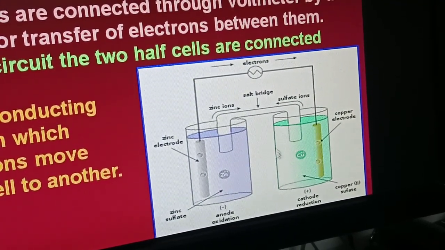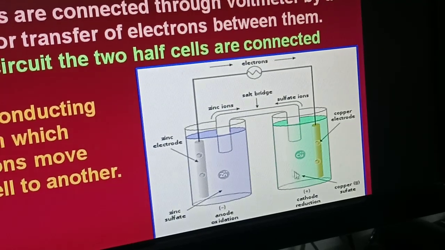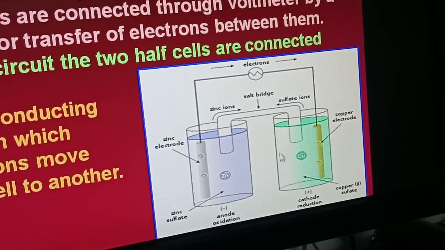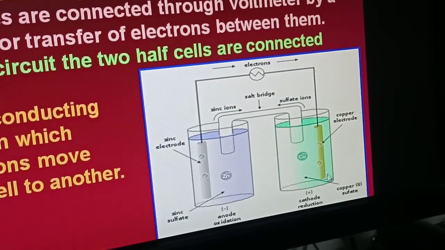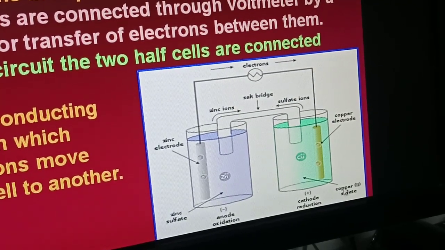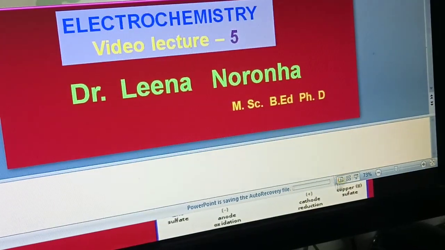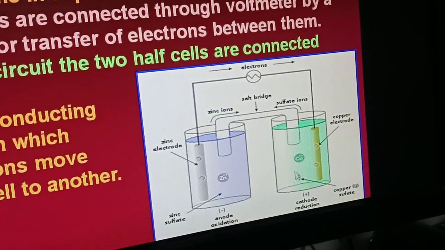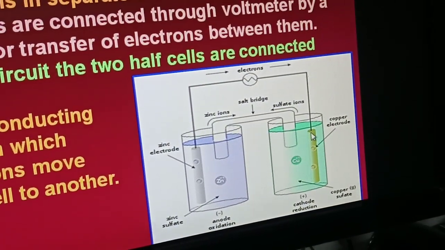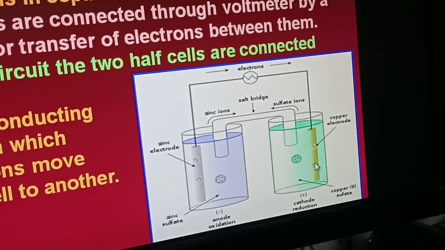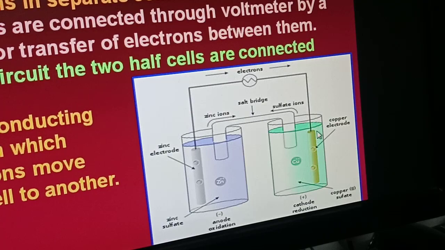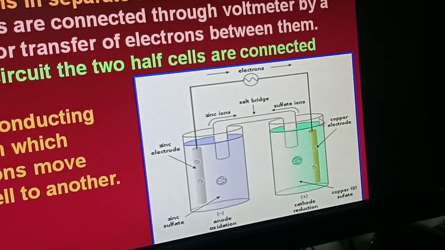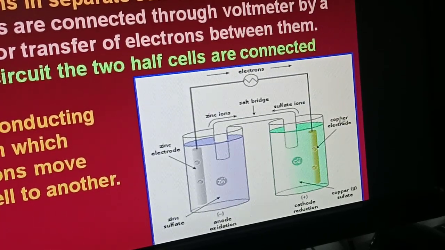In another container, to my right, copper sulfate solution is taken as the second electrolyte. In it, copper electrode is immersed. Copper electrode will play the role of cathode.